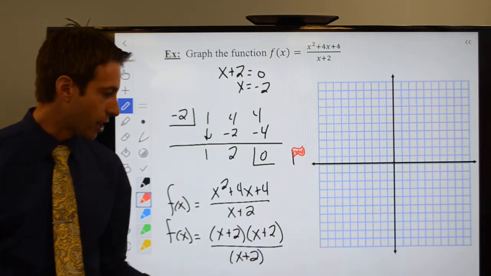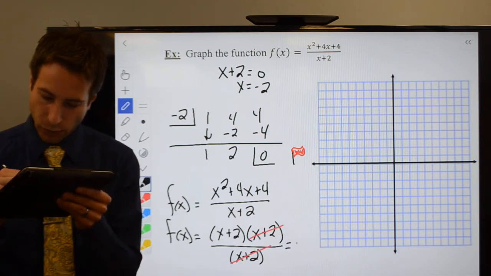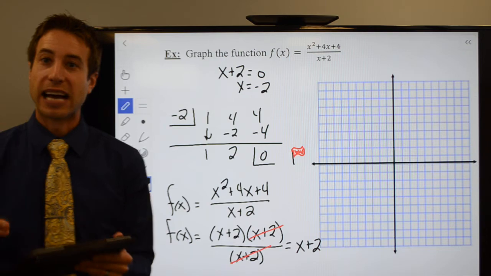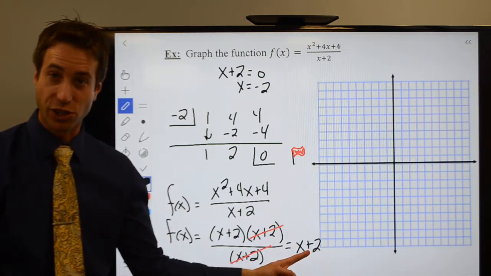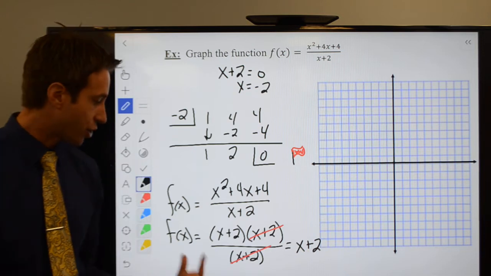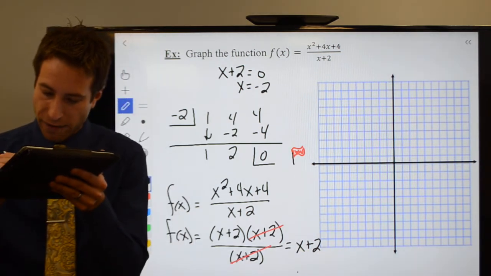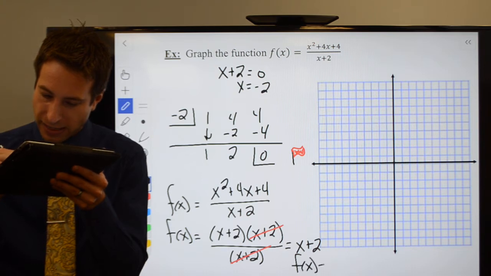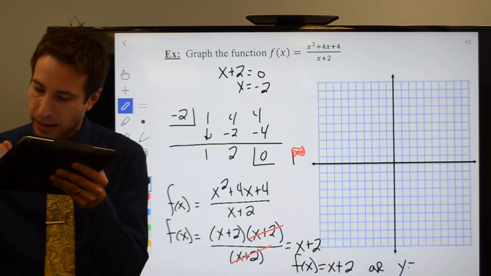Factor in the top, factor in the bottom, those guys cancel each other out, and look what you're left with. Guys, this is not a reciprocal function. This is a linear function. I have f of x is equal to x plus 2, or you could write it as y equals x plus 2.